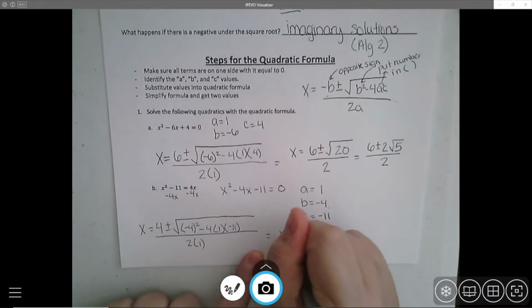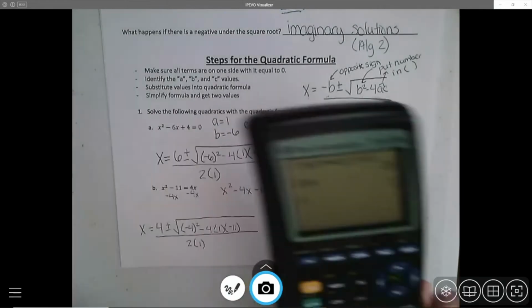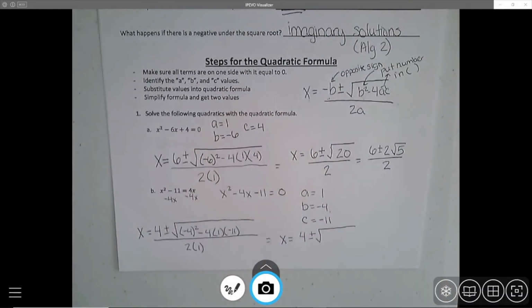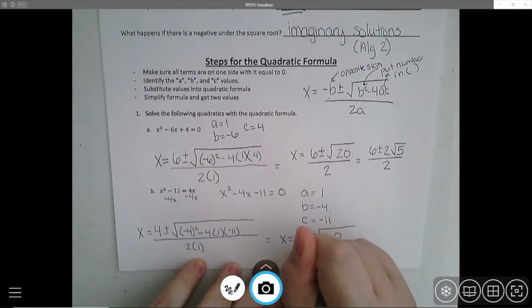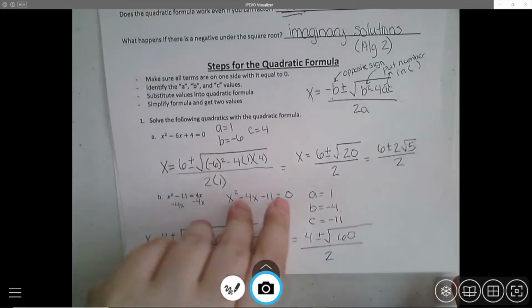Well, this is going to equal x equals 4 plus or minus square root of, okay, this all can go now in the calculator. Parentheses, -4 squared minus 4 times 1 times -11. I get a 60 all over 2. If you can get down to this, we will talk about the rest of the way in class. Okay, so there we're done with those two.